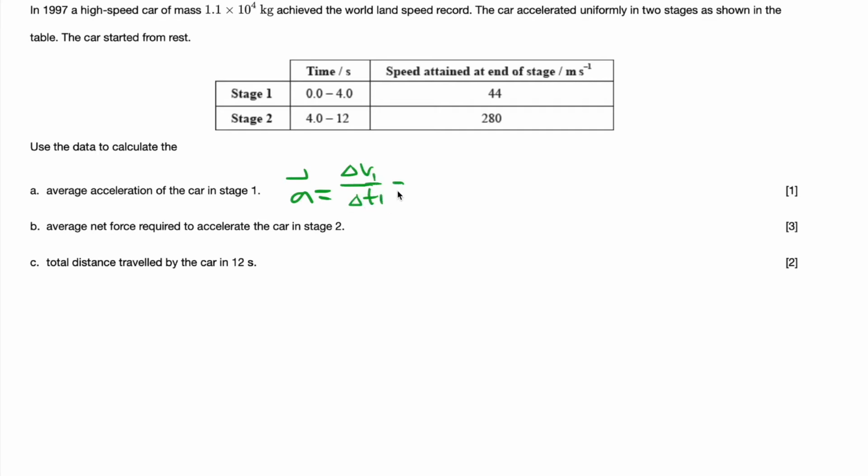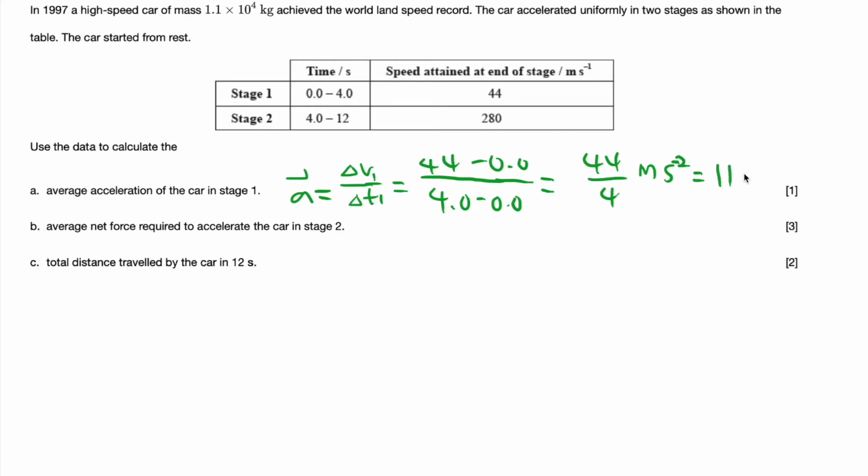So in this problem, the change in velocity for stage 1 is going to be equal to 44 minus 0, right? Because the car starts from rest. And the time is going to be equal to 4.0 minus 0, which gives 44 over 4 meters per second squared. So the acceleration is going to be equal to 11 meters per second squared.